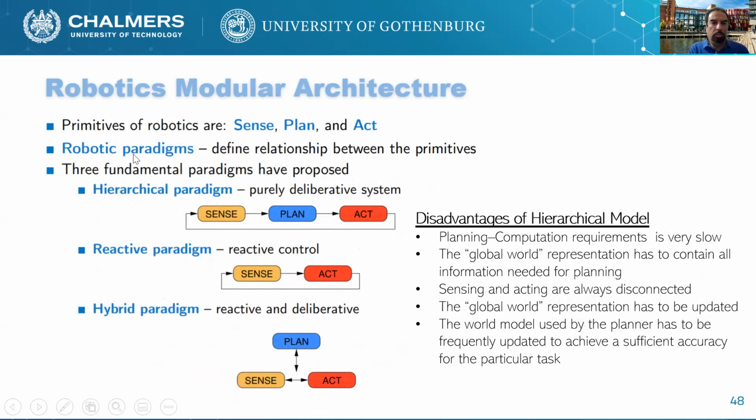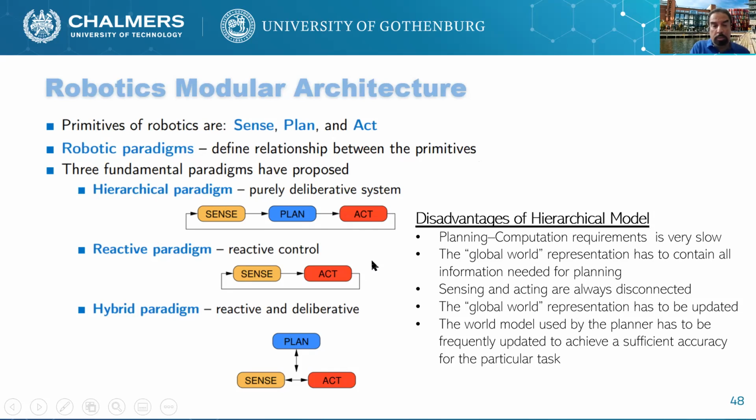Here, for example, just to set up some terminology, when we talk about SPA, what we mean, and when we talk about the robotics paradigm, we define the relationship between the primitives. What are the primitives? These are the primitives of the robot: sense, plan, act. And when we say hierarchical, it's because they are in order. When we say purely deliberative system, we mean it doesn't have feedback loops, and it is just doing what it says: sense, plan, act.